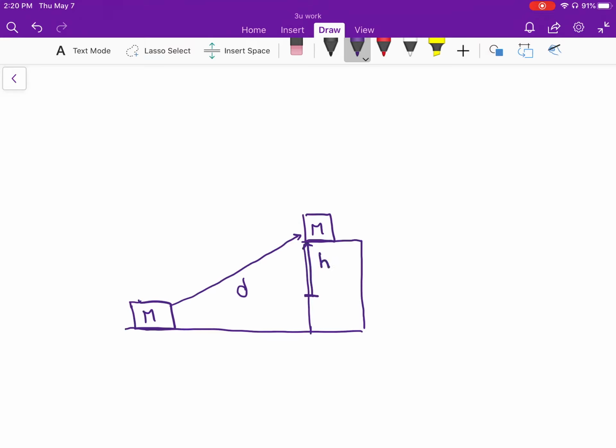So we've moved it a bigger distance, but because we moved it on a funny angle, we exert less force over that greater distance. So if we think of our equation, work was equal to F times d. When we move things on an angle, we move them a greater distance, so the distance numbers go up, but because we're moving it on an angle, the force numbers go down.